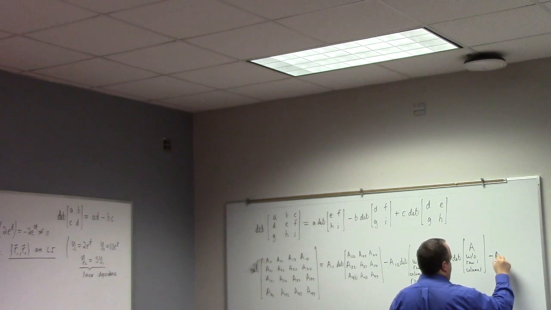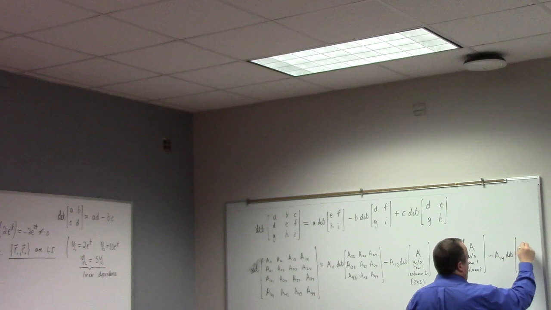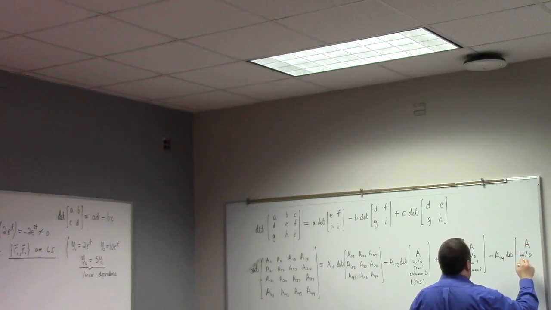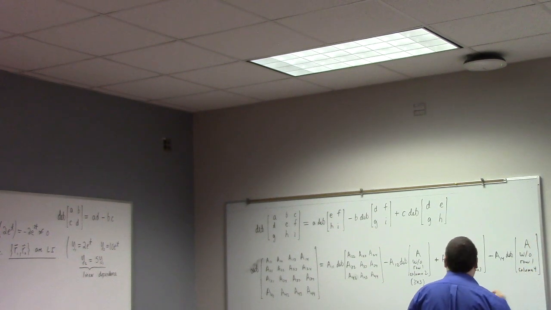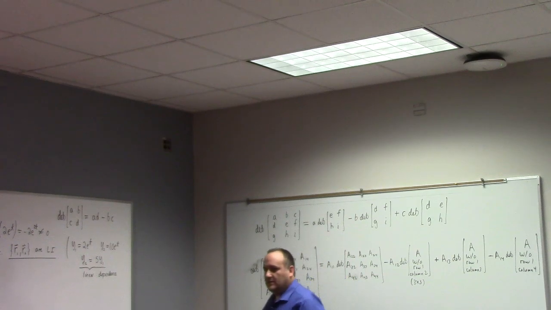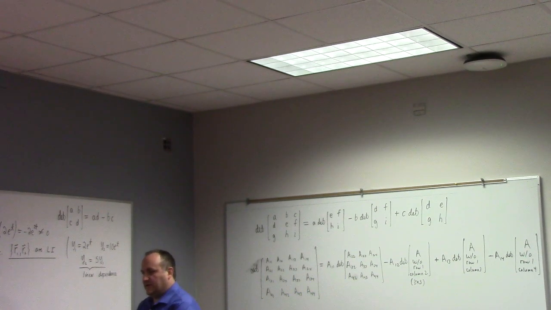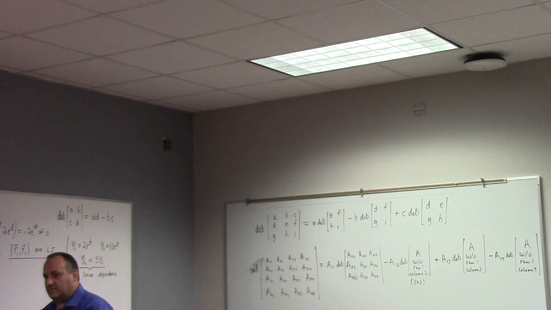Minus A14 times the determinant of A without row 1 and column 4. So you always cross out one row and one column, and it leaves you a submatrix which has one size less.